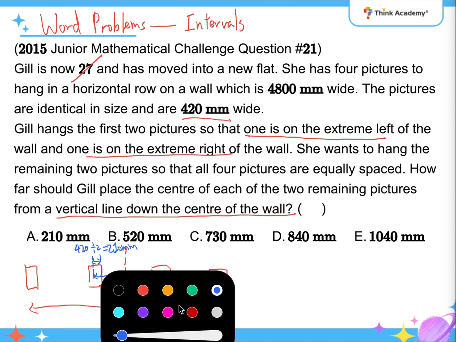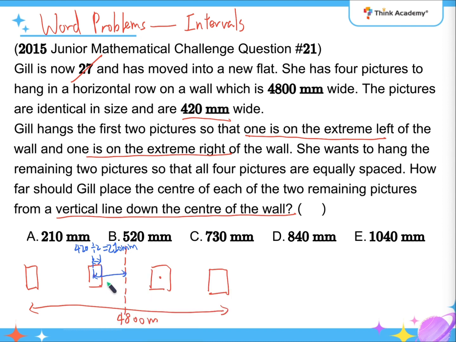And what about the distance from the edge of the painting to the center of the wall? That's going to be half the gap, right? So you can imagine that this is going to be half the gap.